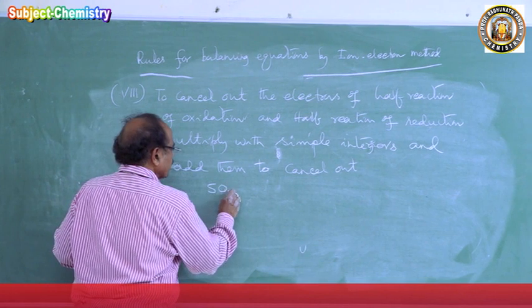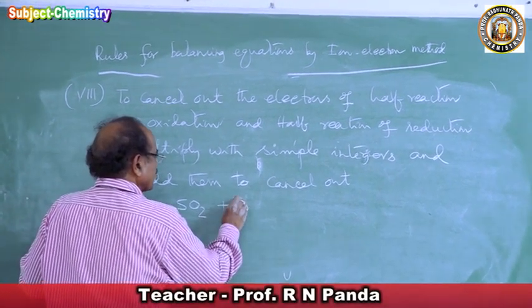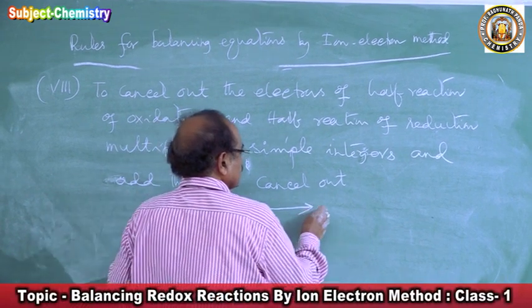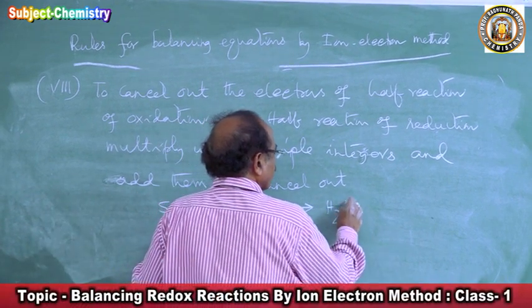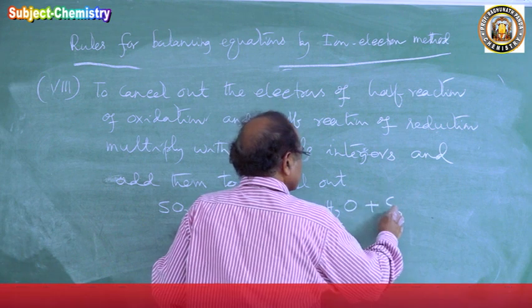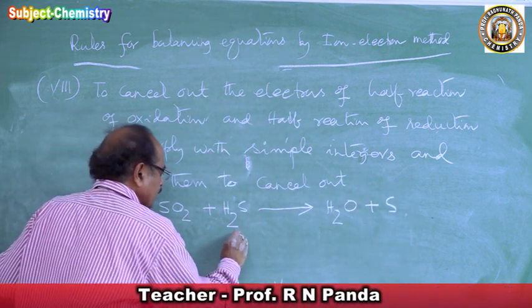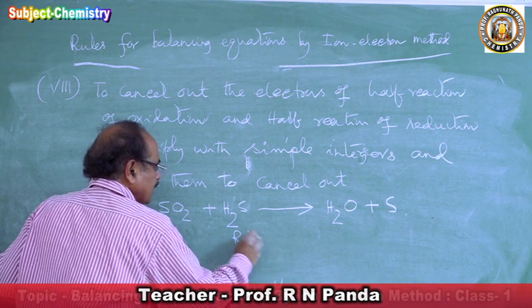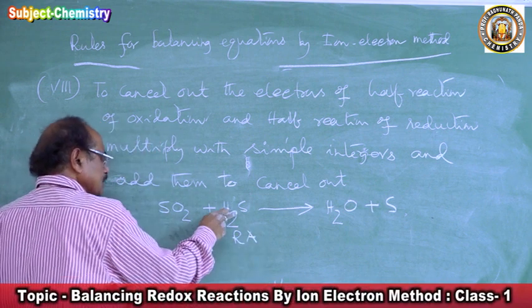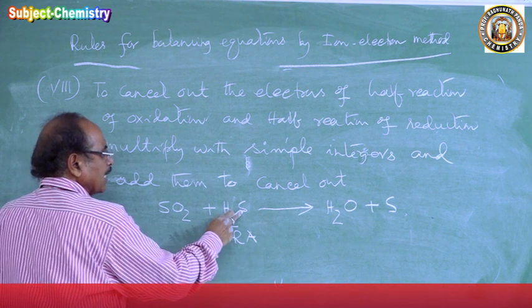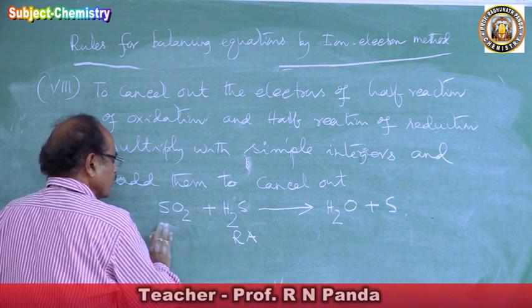Sulfur dioxide reacting with H2S to form H2O and sulfur. So this is the reaction. Hydrogen sulfide is the reducing agent. It reduces sulfur dioxide. So sulfur dioxide is oxidizing hydrogen sulfide. So this is your oxidizing agent here.